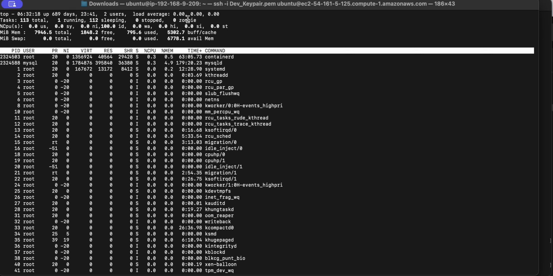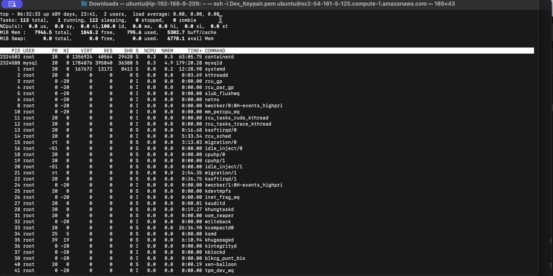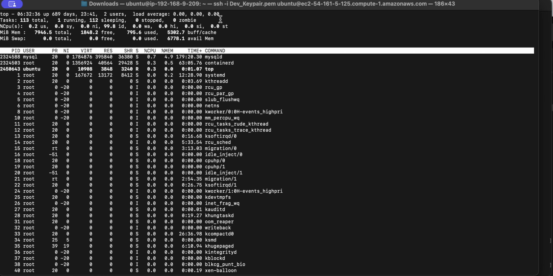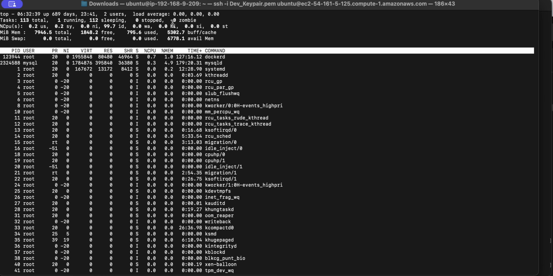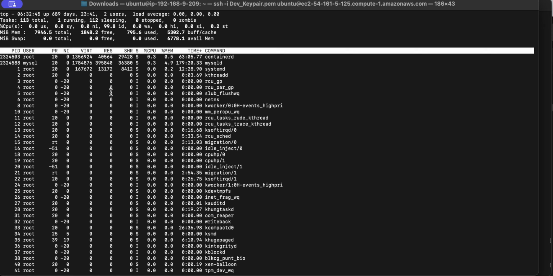It is showing 0.00, 0.00, 0.00, and you would have one question: we are running commands there as well, like top and other things, so at least minimal load should be there, right? Yes, you could have that query. It could be 0.0001, because the queries we are running have very minimal impact.